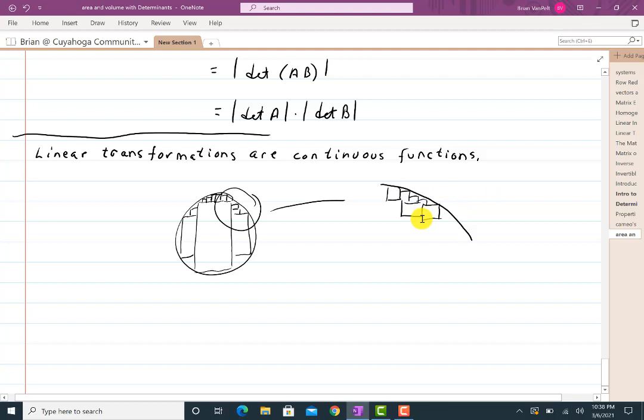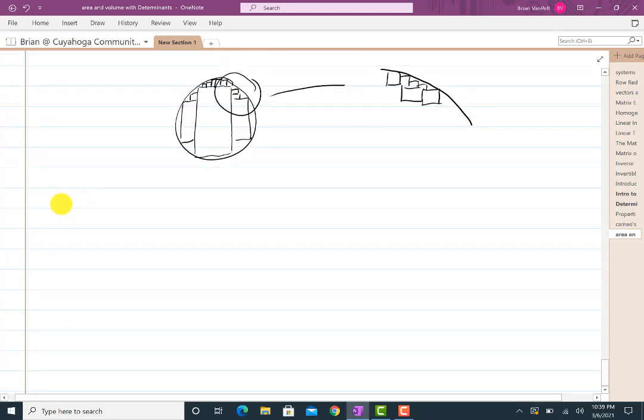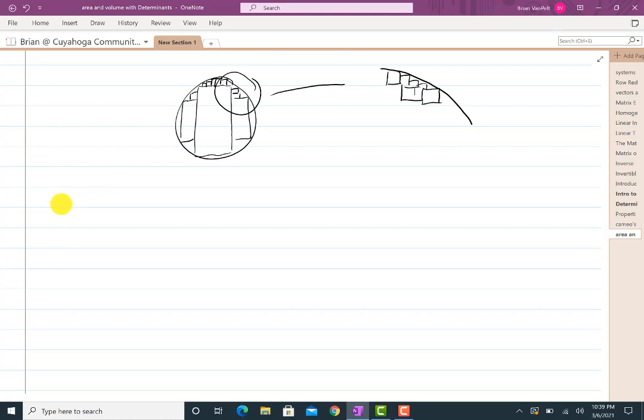As you might expect, then I can use some sort of a limiting process to be able to get areas that are not exactly square or rectangular in shape, but they can be circular in shape as well. And the same kind of a formula holds. It goes something like this.